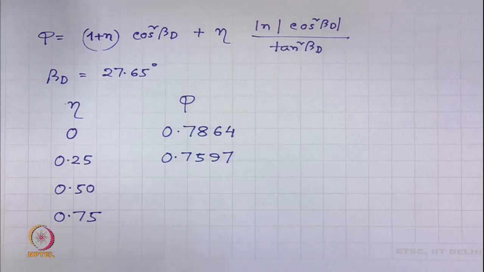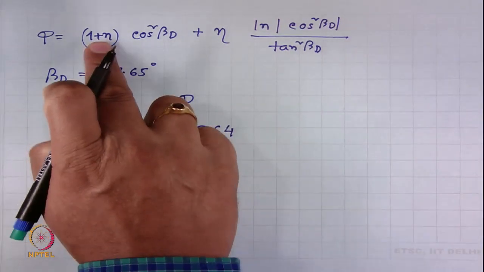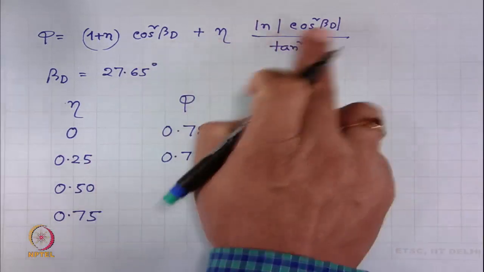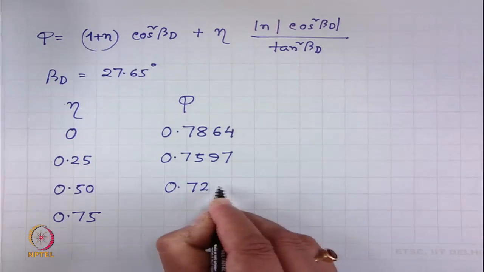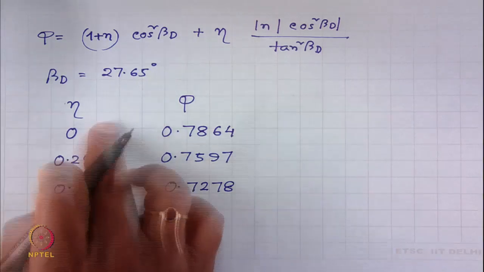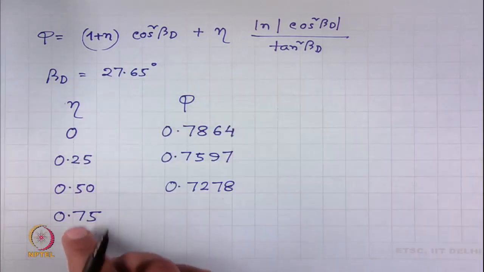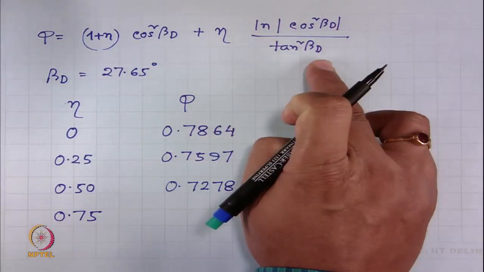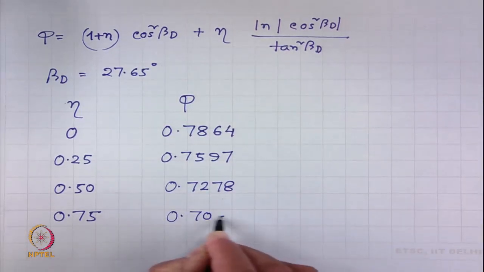Now, third one, contraction ratio equal to 0.50. You substitute eta equal to 0.50 and consider beta d equal to 27.65 degree. You solve for it, and this value will be roughly 0.7278. The last one, when the contraction ratio is 0.75 and beta d 27.65 degree, you will find this value will be equal to 0.7098.